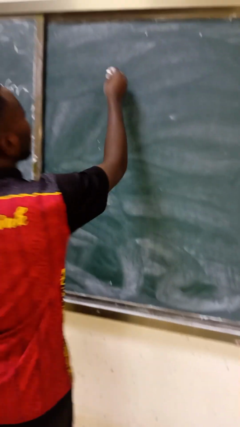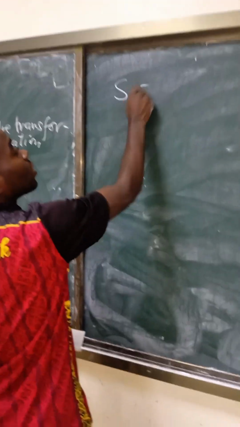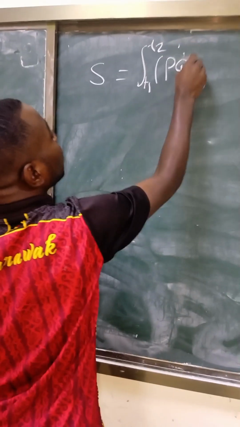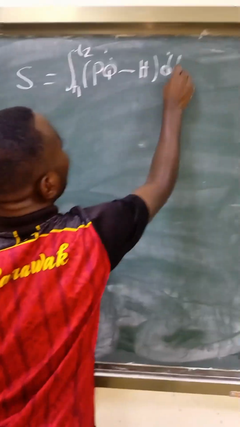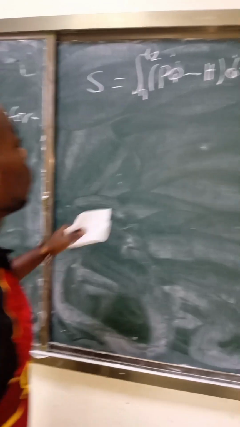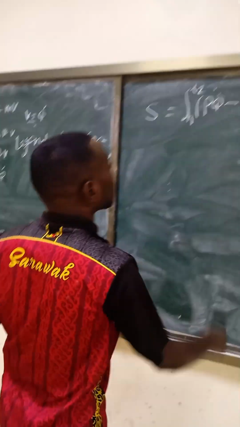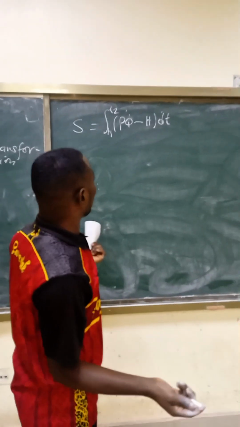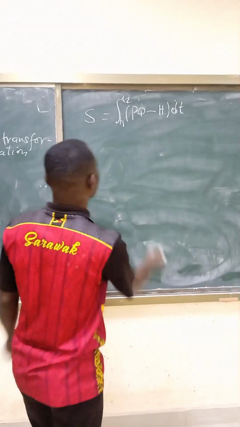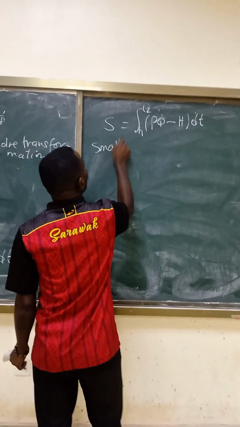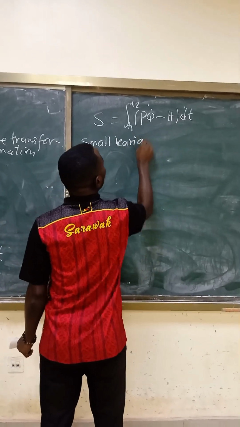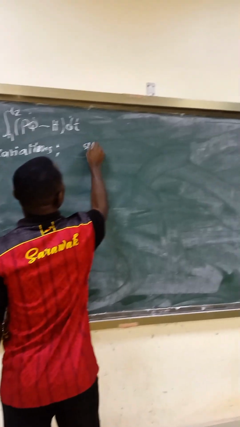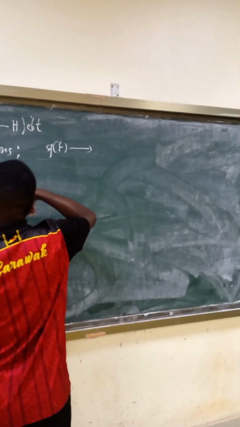From there we have action, which is equal to integration from T1 up to T2 of p q dot minus H dt. And then let's find what we call small variations, for q and p.